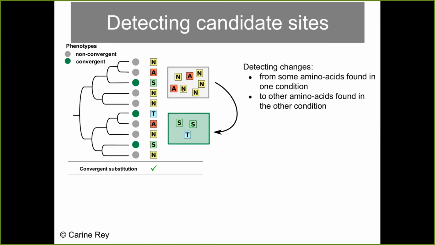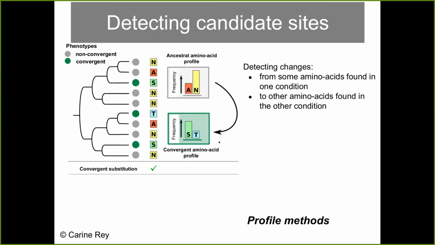And so to try to find this type of sites, we can think of them in terms of profiles. There we have the amino acids that are found in the species with the non-convergent phenotype, and there the species with the convergent phenotype. We can look at them in terms of frequencies of amino acids.